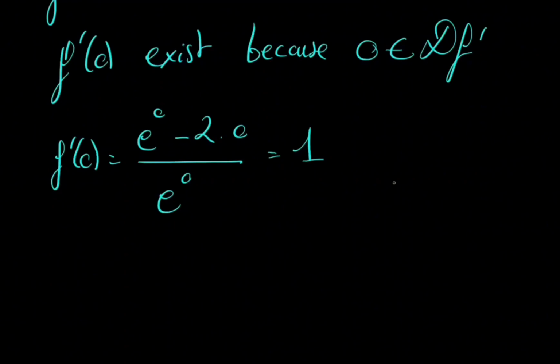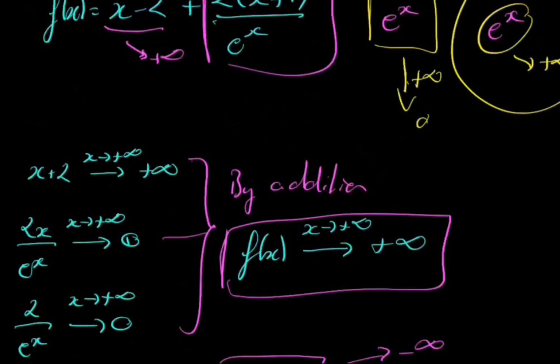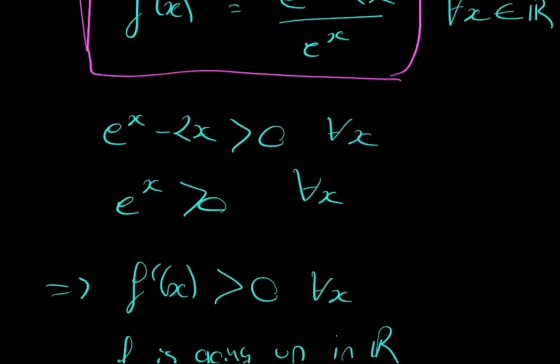which is equal to 1. So we've got something like, if the function is like this in 0, we've got something like that, so a tangent line with a rate of 1. It's a rate of 1. So now we just proved that C has a tangent line delta at x equal to 0 and parallel to line D. So why parallel to line D?